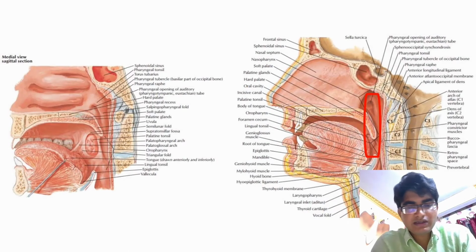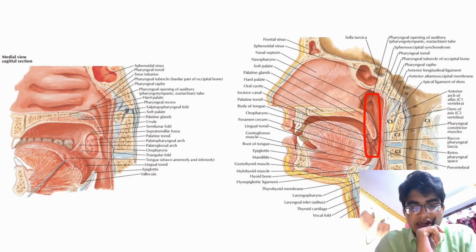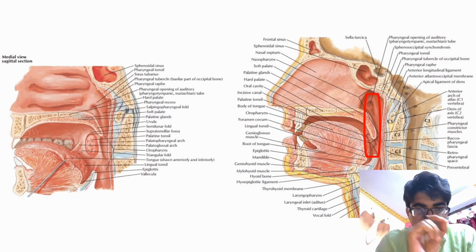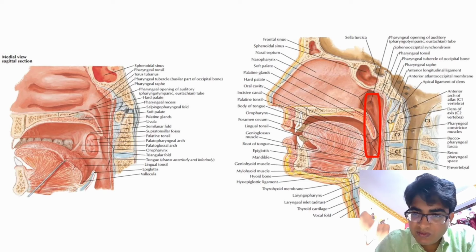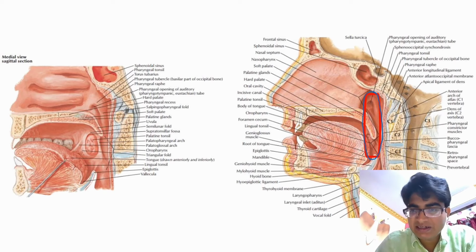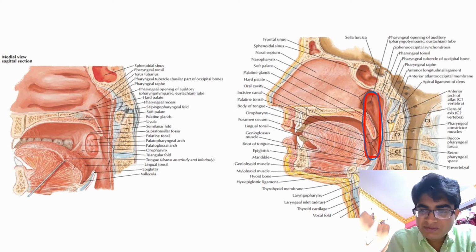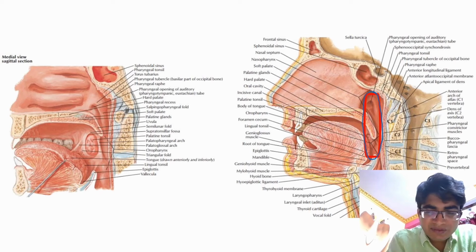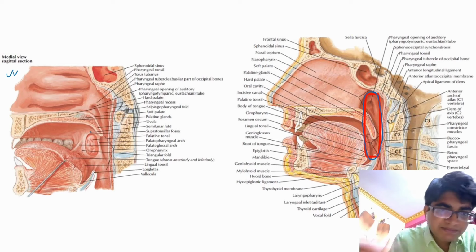Firstly, to start with, these two images are on the sagittal section of our head and neck. In this image, the whole area of the head and neck in its sagittal section is shown. If we zoom this area in, the image looks something like this, correct?